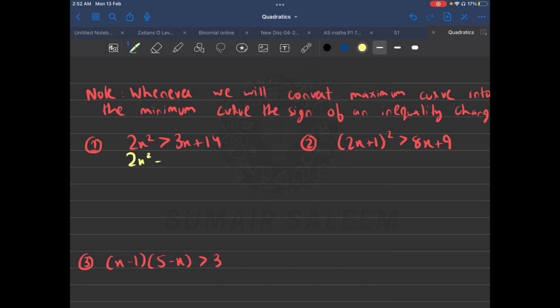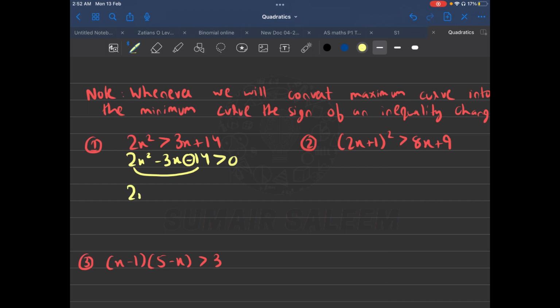So this is a question. 2x squared minus 3x minus 14 greater than 0. Got this? Now, 2 14s are what? 28. What are the factors of 28? 7 and 4. Why are we using 7 and 4? Because the sign before the constant is minus.